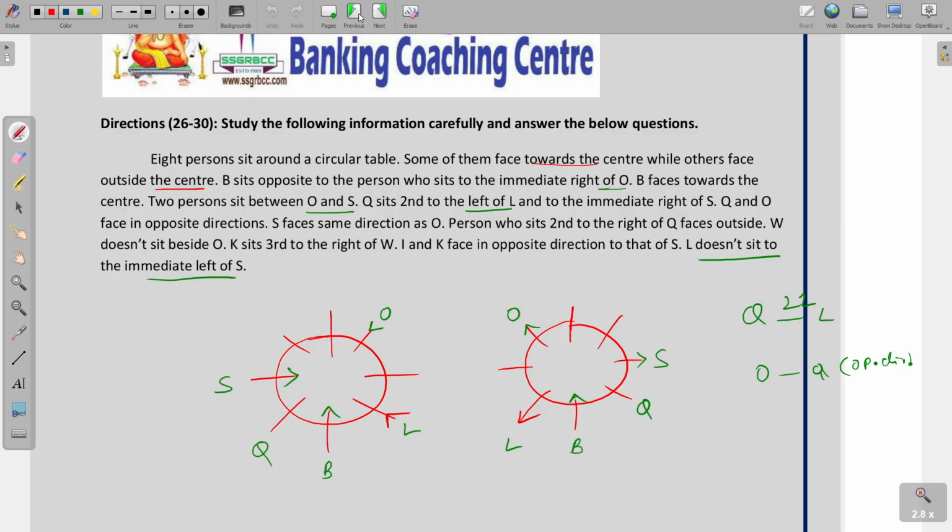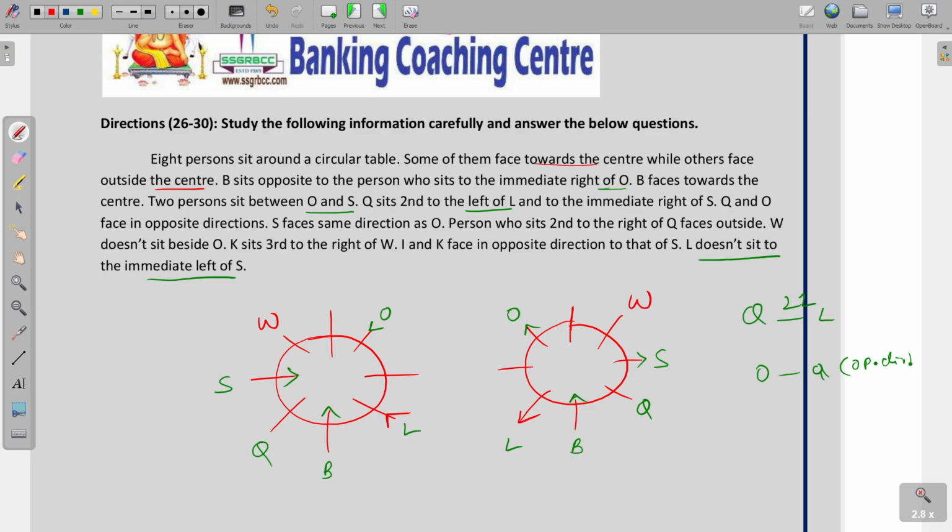Yes, person who sits second to the right of Q faces outside. W doesn't sit beside O. So, W is placed here and W is placed here.